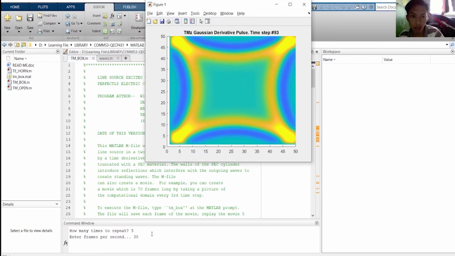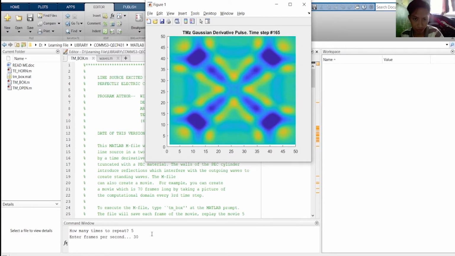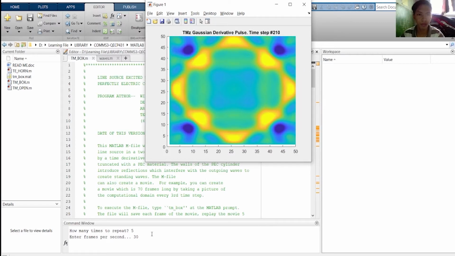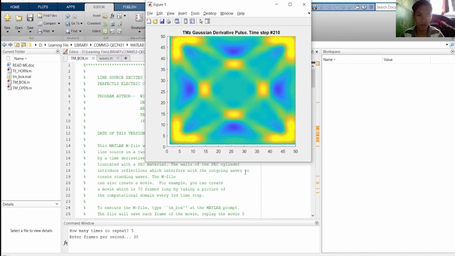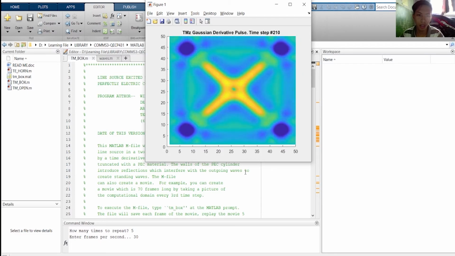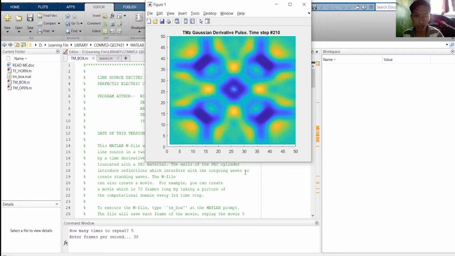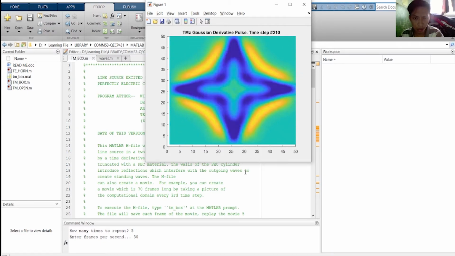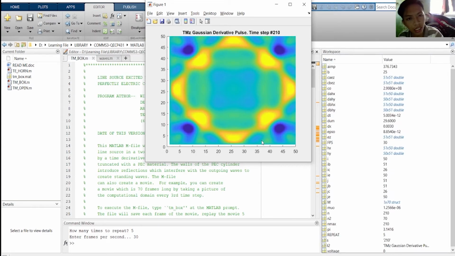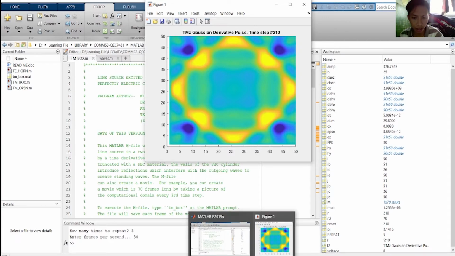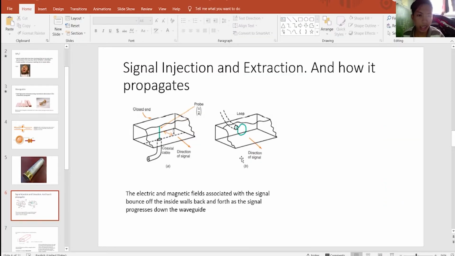It's just repeating, but you get the gist of it: since we are dealing with a high frequency, the signal bounces back.